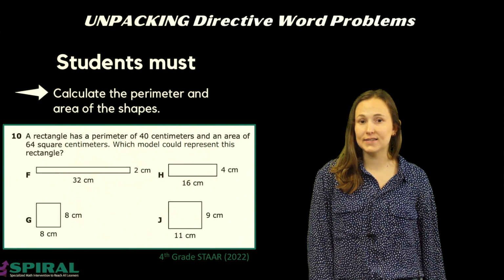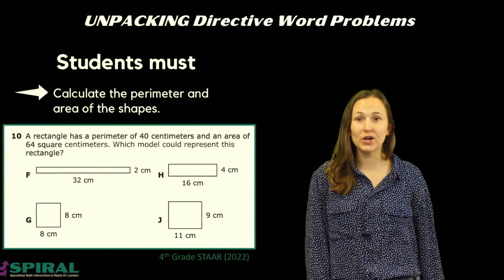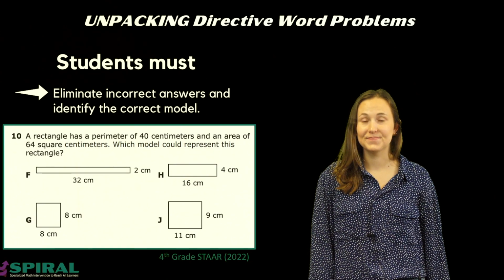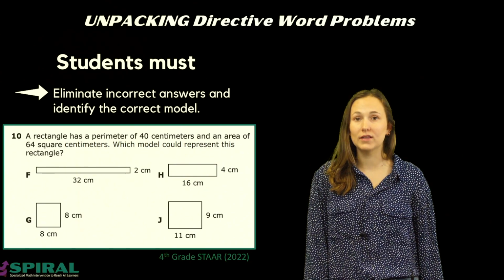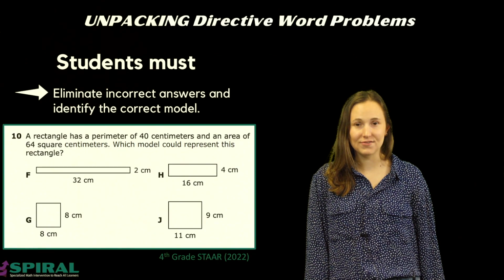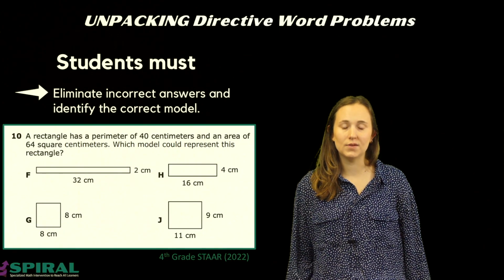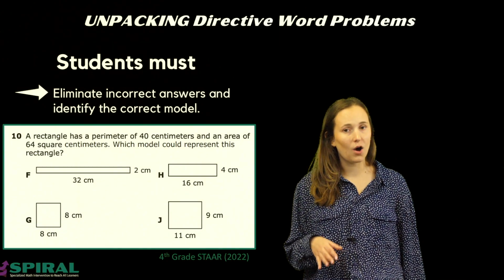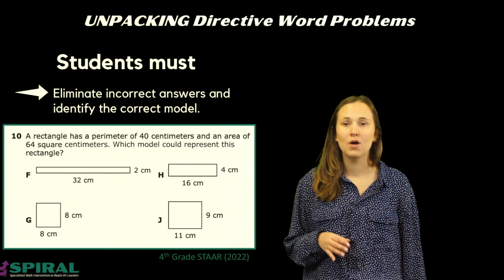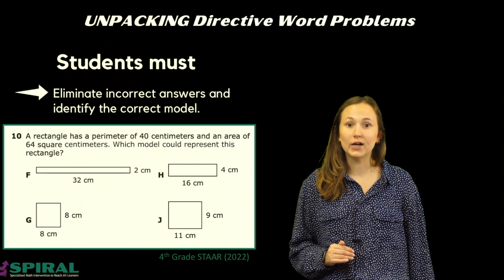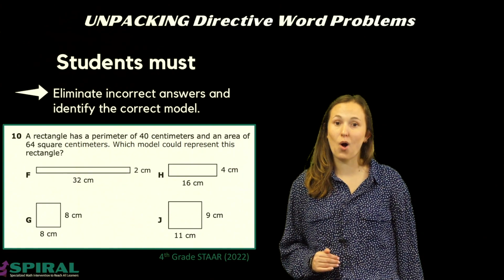This means they need to understand how to calculate the perimeter and area of these 4-sided shapes. Students must also eliminate incorrect answers and identify the correct model. So I encourage you to sit down and, before you model for students how to solve a directive word problem, make sure that you're unpacking all of the knowledge and skills that are required to solve the problem.